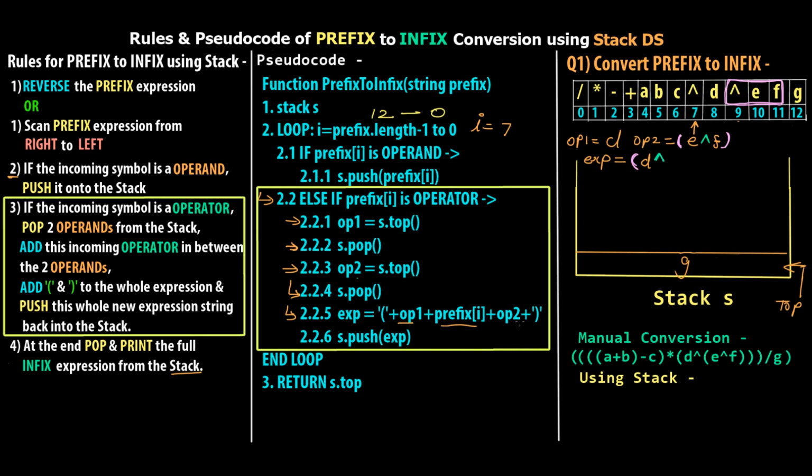So this is done. After that we have op2. What is op2? op2 is this sub expression. So I'm gonna write this sub expression over here as it is. And lastly we have a closing symbol. So one more closing symbol, and this is the new expression formed, which we will take and push onto the stack, because 2.2.6 says so. S dot push this expression onto the stack, and now this becomes the new top of the stack.